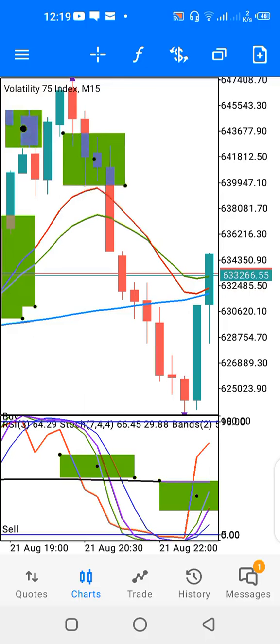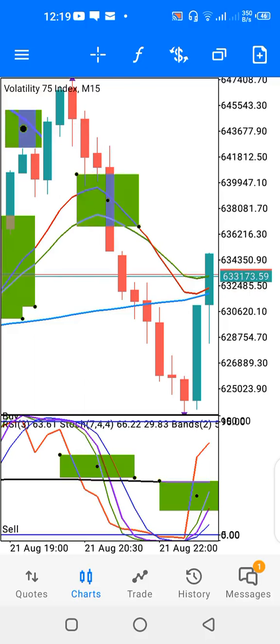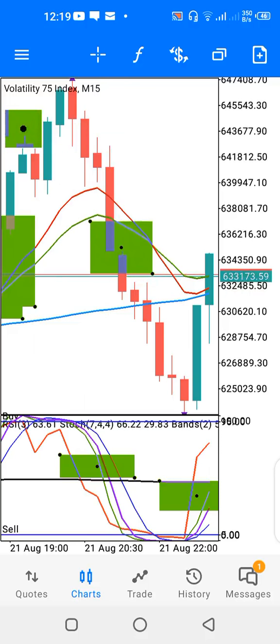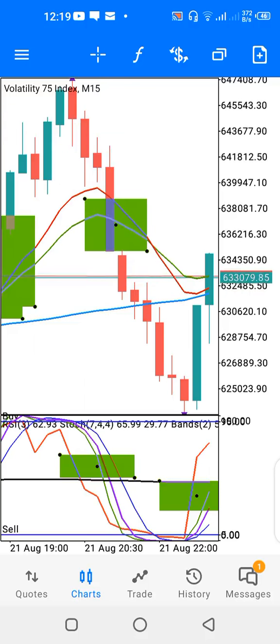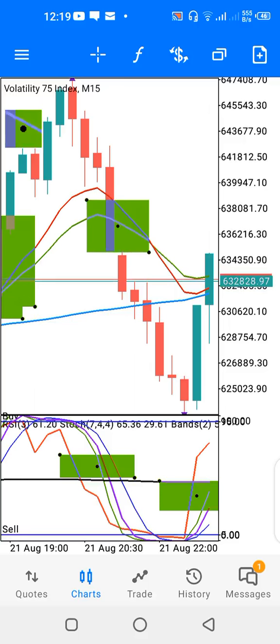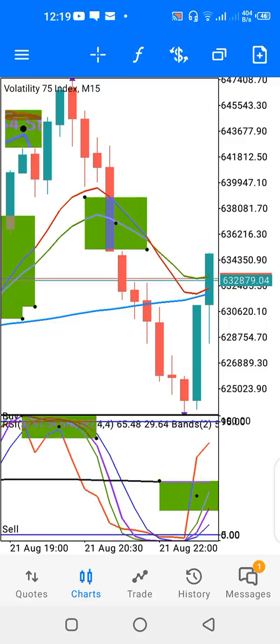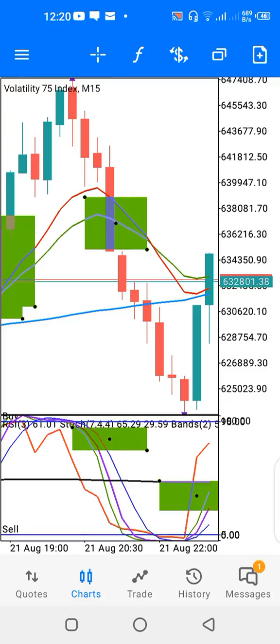If you have price turning downwards, lapping below the green and the red lines, like you have around here, and you also see the stochastic oscillator lines dropping from the top, of course, you can confidently place your sell trade.